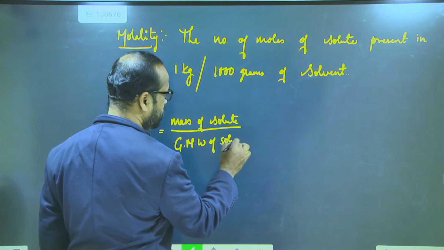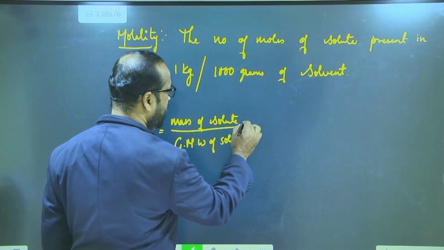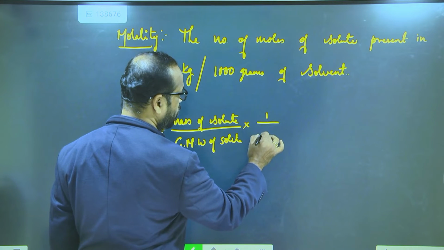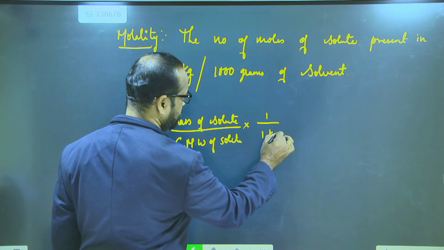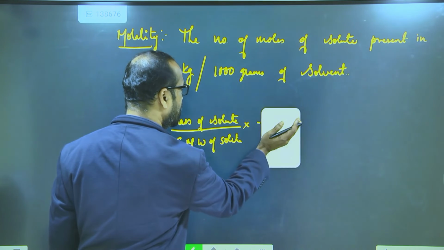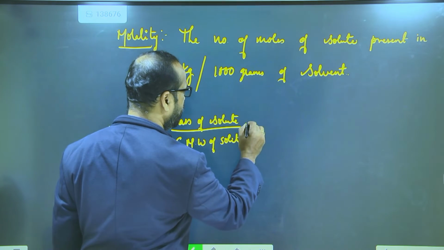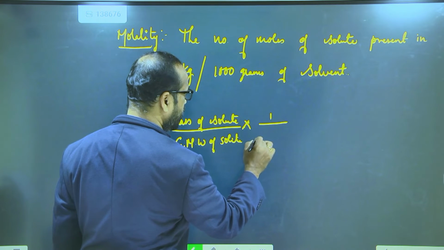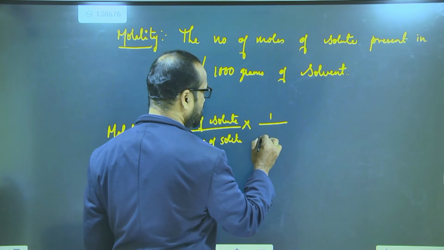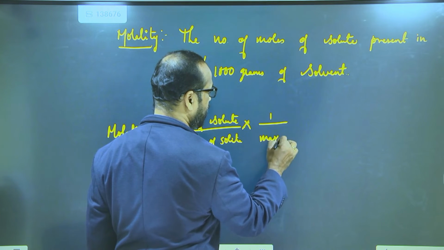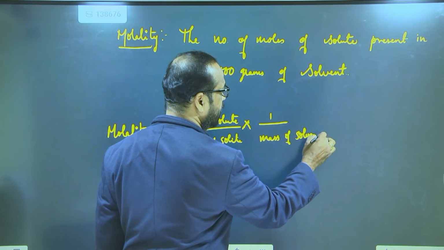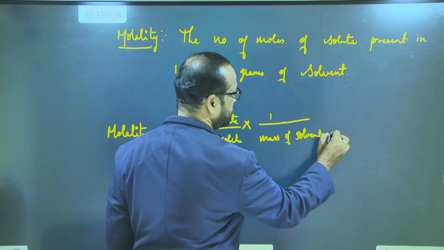Same, this is not changing, into 1 by, but here it comes to 1 kg, mass of solvent in kg.